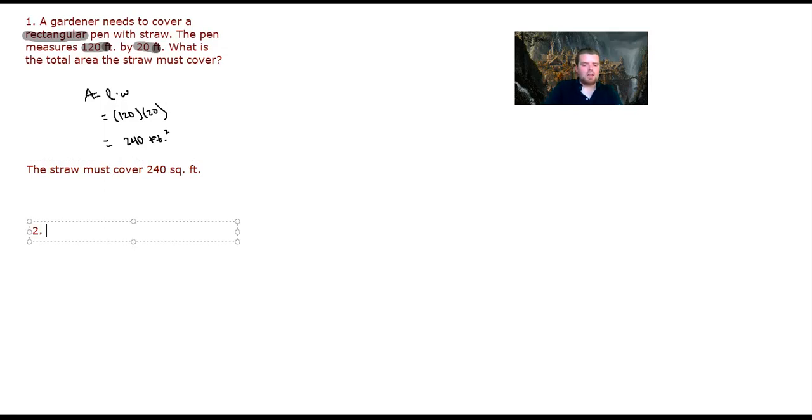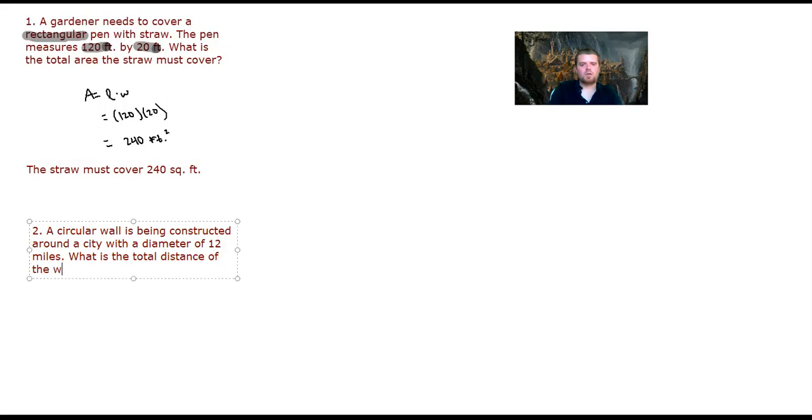Let's look at another example. A circular wall is being constructed around a city with a diameter of 12 miles. What is the total distance of the wall around the city?